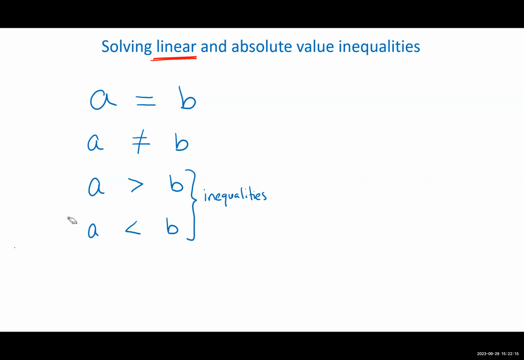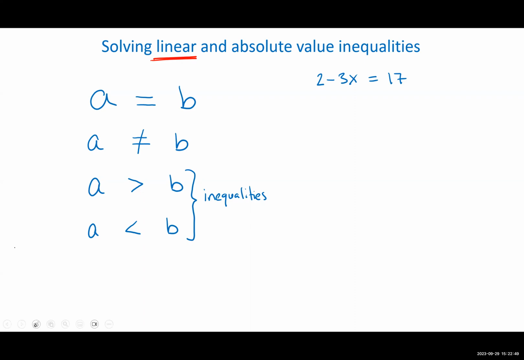Okay, so there are two fundamental differences between equations and inequalities. The first one is what the solution looks like. Generally, when we have an equation, for example, 2 minus 3x is equal to 17, for linear equations we get one single answer.